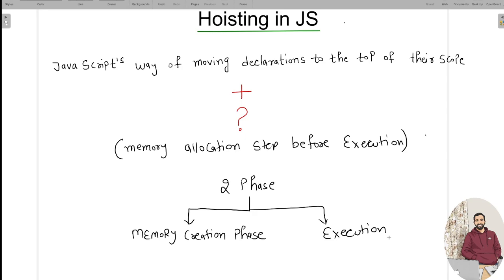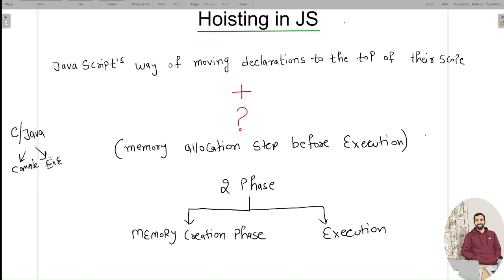Just to make a similarity so that you can correlate it with other things: if we work with C or Java, there we have two phases, one is the compile phase and another is the execution phase.